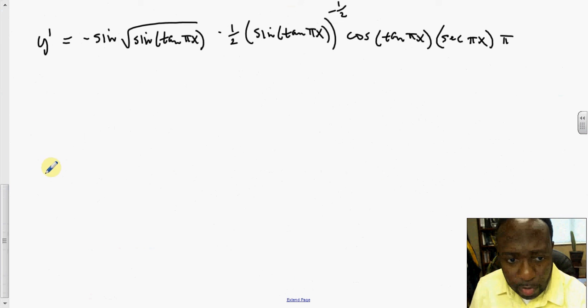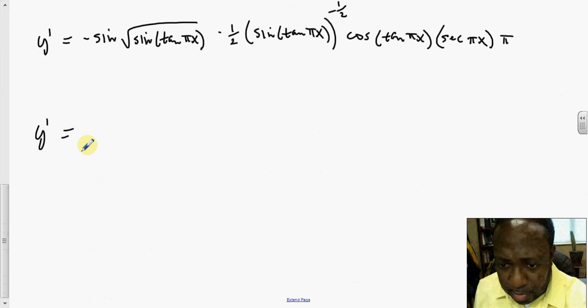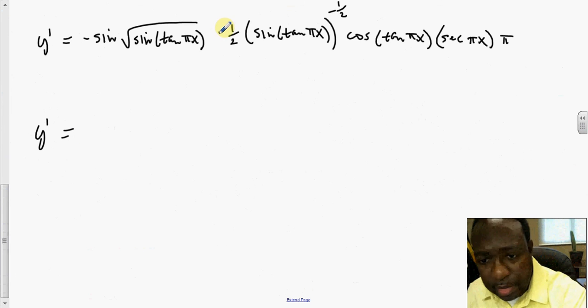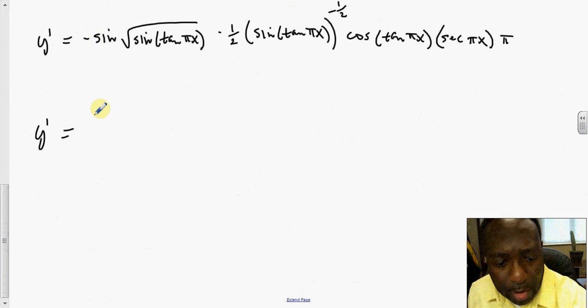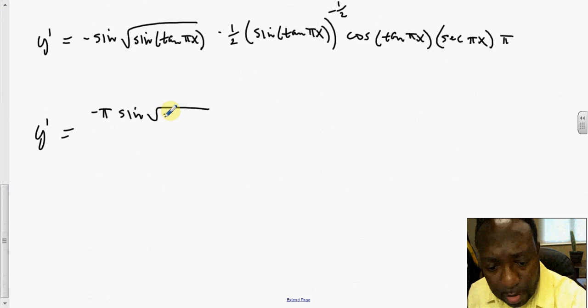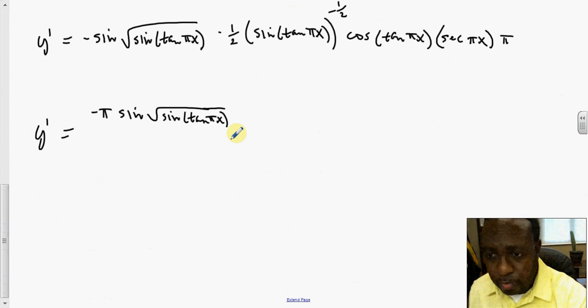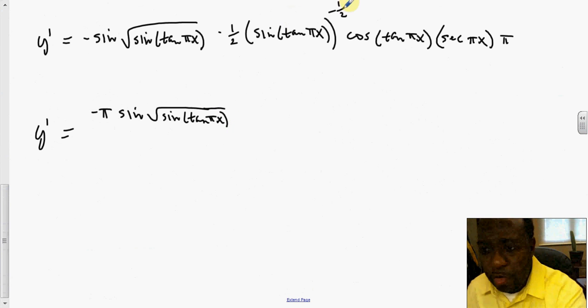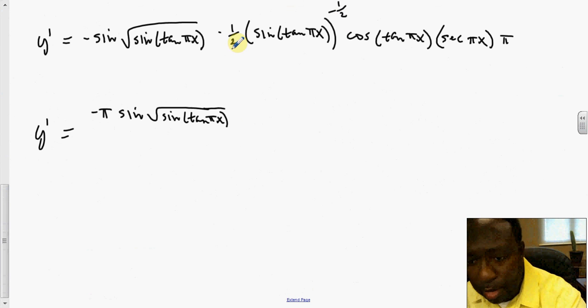So we can write our answer as y prime is equal to, let's see, that's a negative, so it's a negative pi, and this is sine of the square root of sine of tangent pi x. This term with the negative exponent will go downstairs, so the 2 will go downstairs.